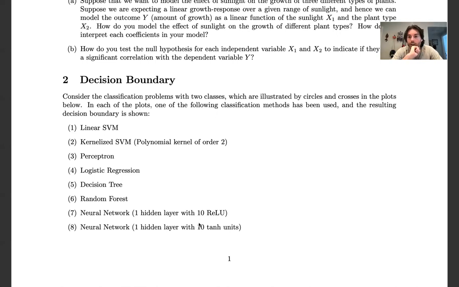Okay, ReLU is good. ReLU is 0 when output is less than 0, and then it's just linear from there on out. And then TAN is more smooth.